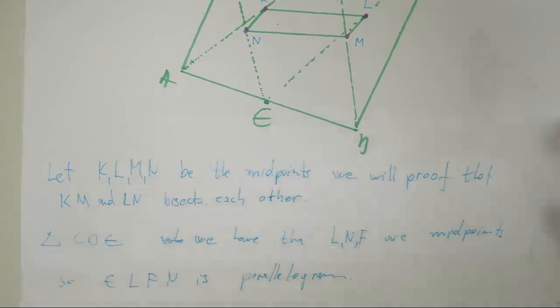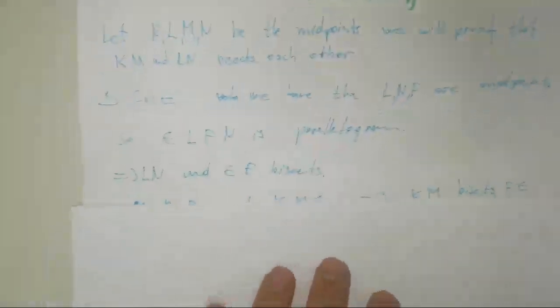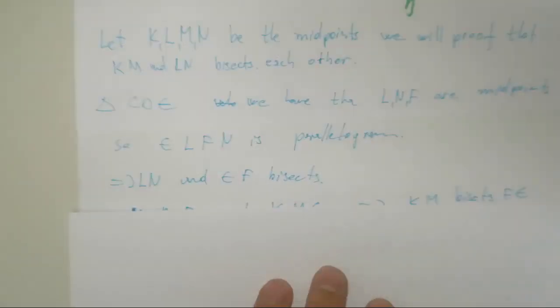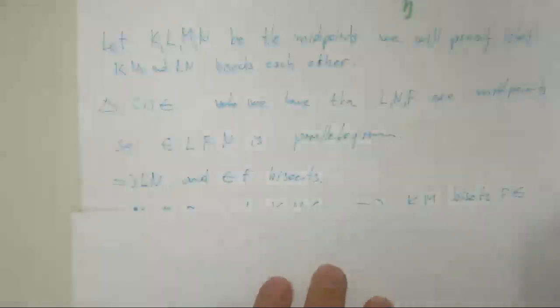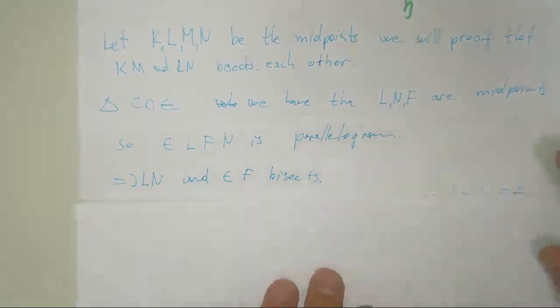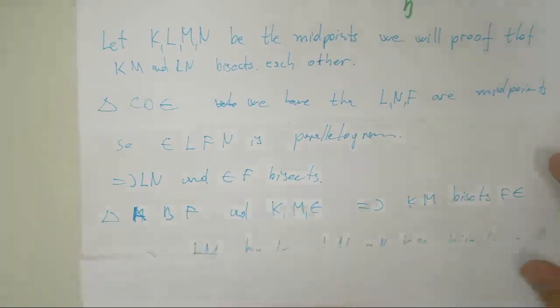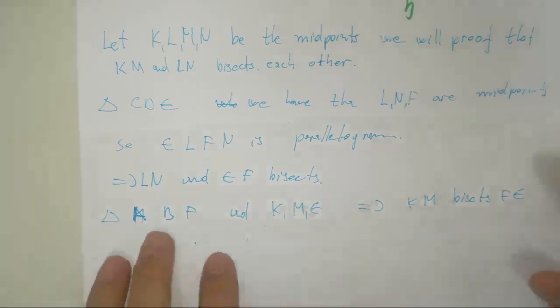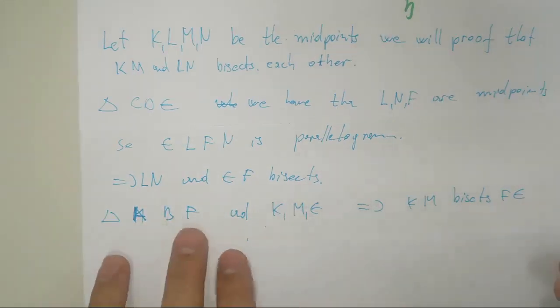All right, if ELFN is a parallelogram, then the diagonals of that quadrilateral, which are LN and EF, bisect each other. Now we do the same thing for the triangle ABF.